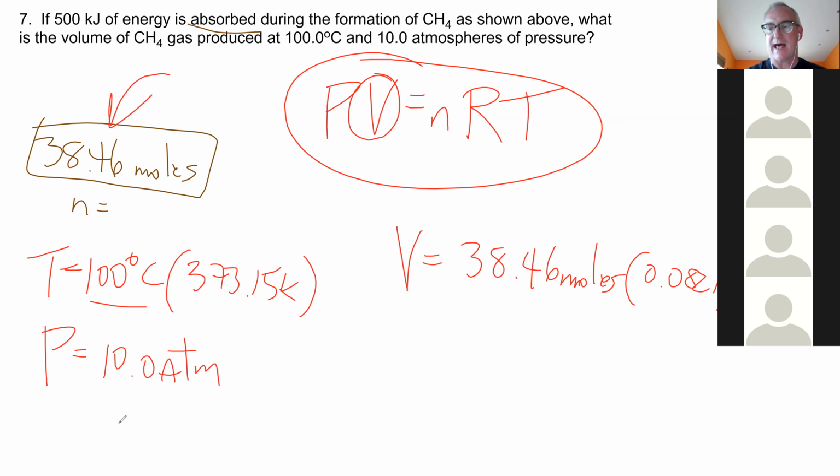And then we multiply that by 373.15 K, and then divide the whole thing by 10 atmospheres.